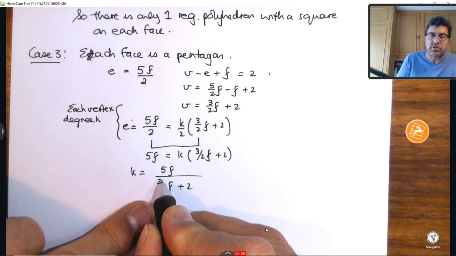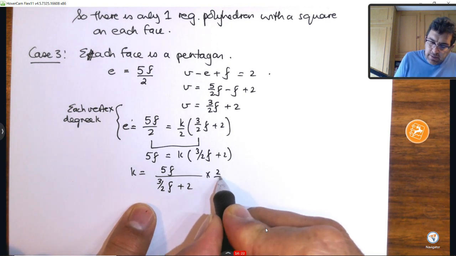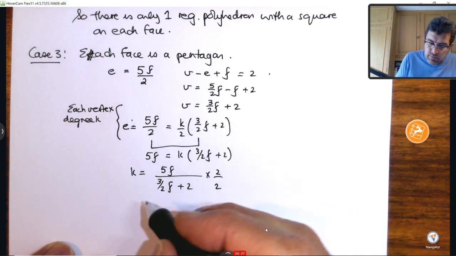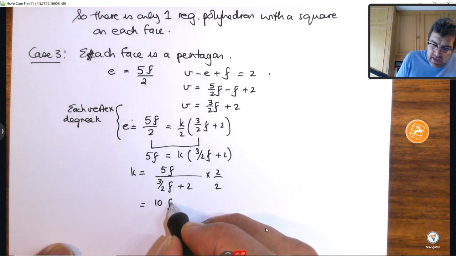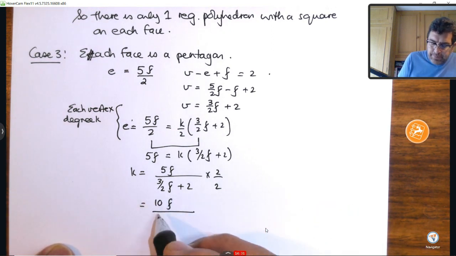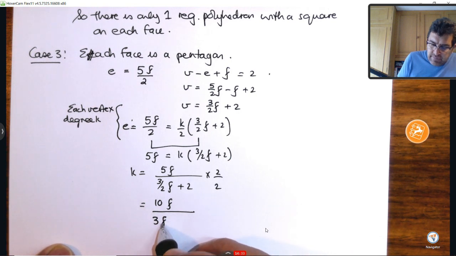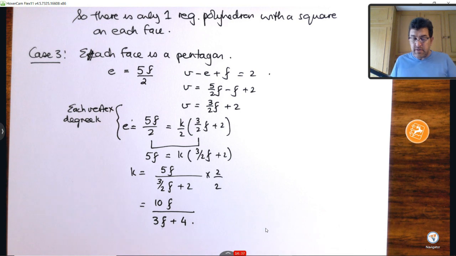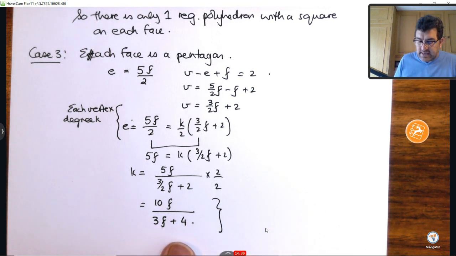I don't like this complex fraction, so I multiply it away by multiplying the top with 2 and the bottom with 2. I get 10f over 3f plus 4. Now let's consider that.